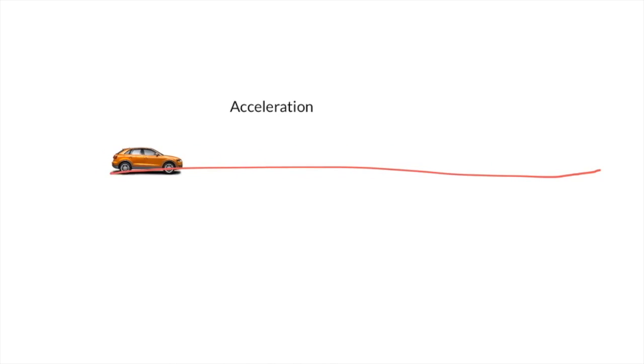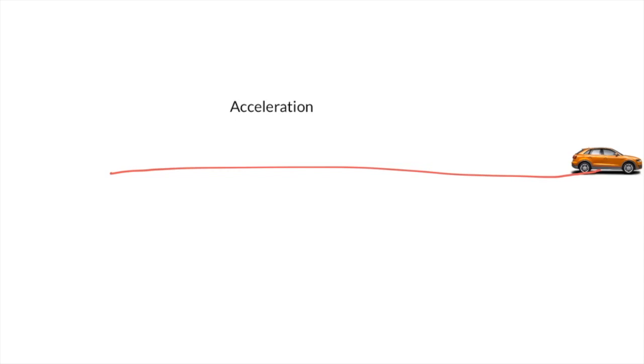If it moves with a constant velocity, then acceleration is 0. It means it is not accelerating, speed is not changing with respect to time. But if speed starts to increase with time, then it is said to be an accelerated motion. Our car is performing an accelerated motion.